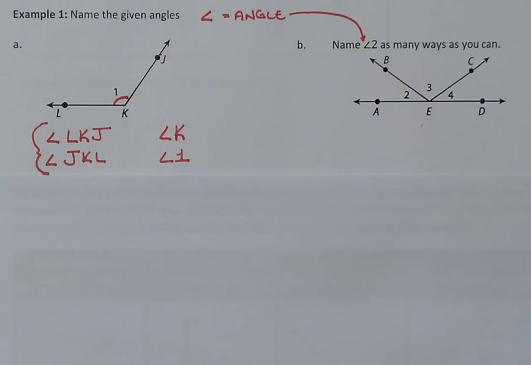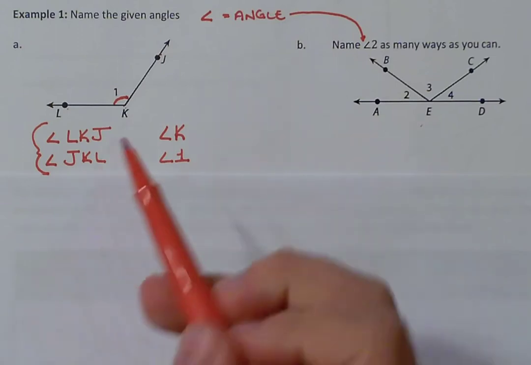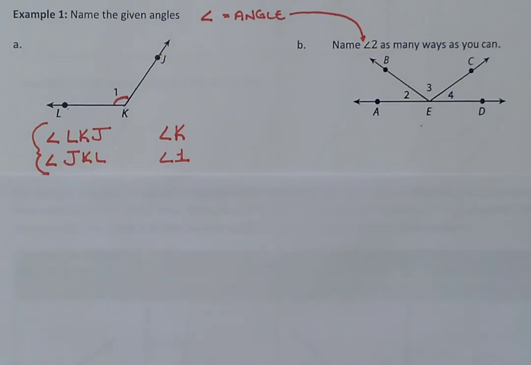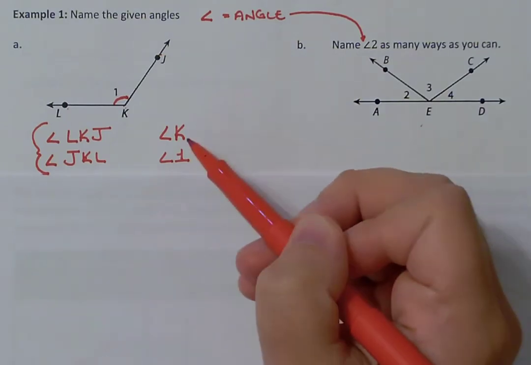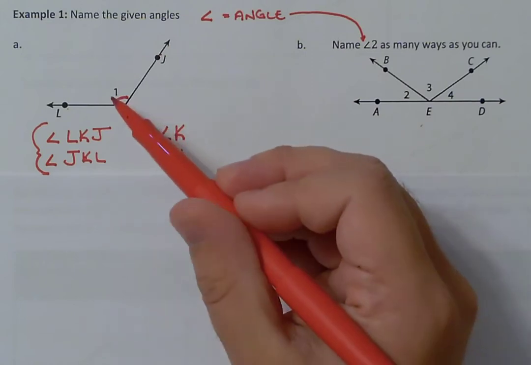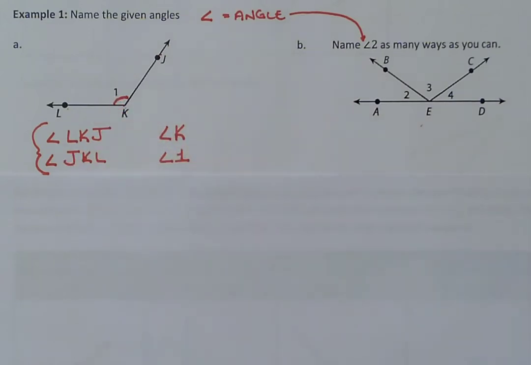I could go through and find at least 3 more angles from there. So I'm generally going to be pretty specific and use 3 points, and that's what I suggest to you. But just be aware you can name it by its vertex if it's by itself, or by the number that's inside. Just be careful that if there's a degree symbol next to the number, that is the measure of it. That's not a way to name it.